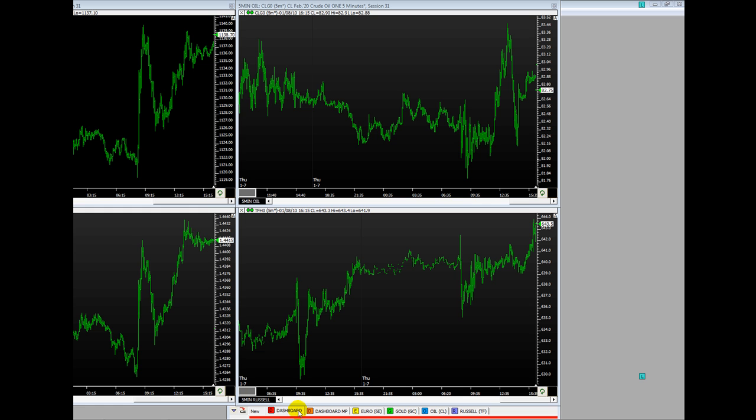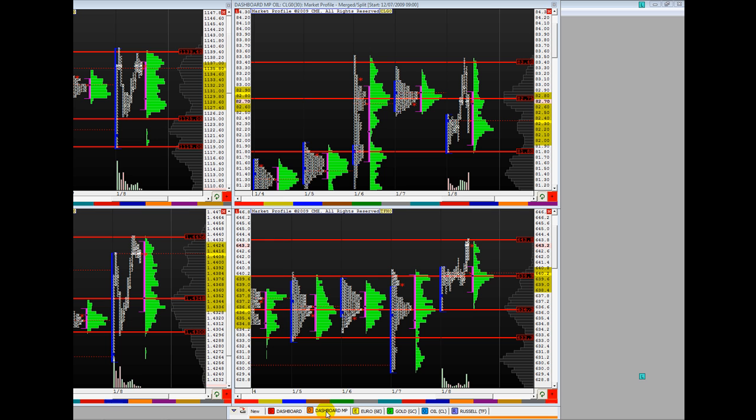This dashboard shows 4 5-minute charts of all of them, so I could be watching all 4 of them at the same time. And on my other screen I have 4 charts, so they're all daily charts. And my last dashboard are the profile dashboards, which allows me to check all the profiles of each instrument on one screen. So you can see this is oil CL here.